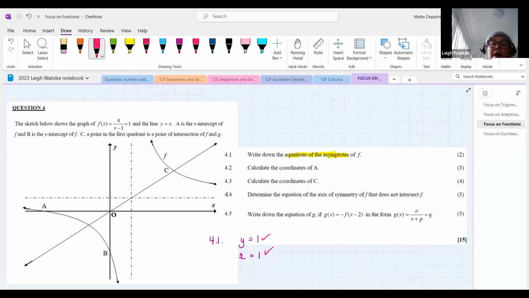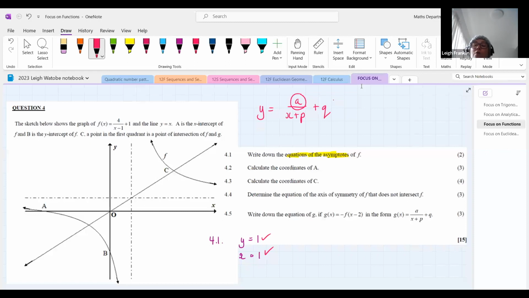Okay, so calculating the coordinates of A, again, this goes back to x-intercepts. So 4 is the a value. What is the 4 at the top again? That's right, Lebogang is helping you there, Rosaria, quite right. So it's a over x plus p, plus q.